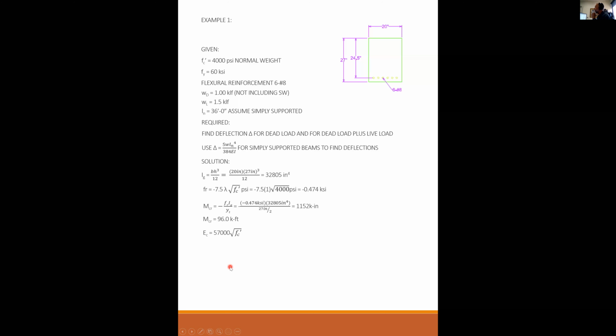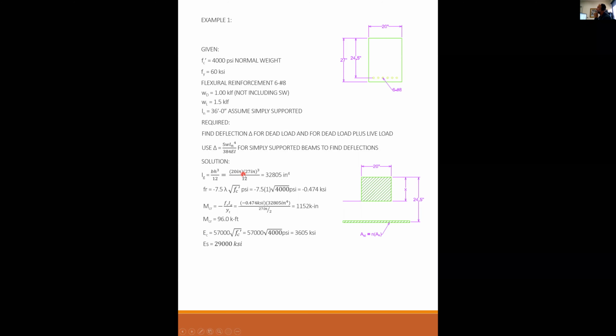My modulus, this is normal weight concrete, so I can just use the simpler form. It's 57,000 times the square root of F prime C. So 57,000 times the square root of 4,000 is 3,605 KSI. Modulus of elasticity of the steel is 29,000 KSI. And we need to find the cracked moment of inertia.